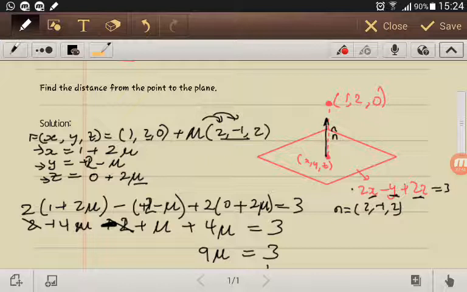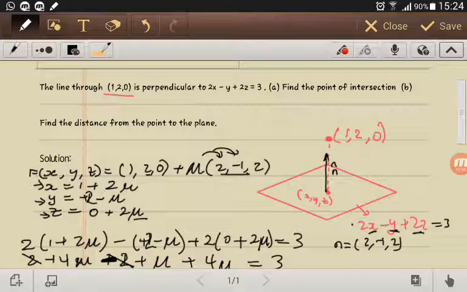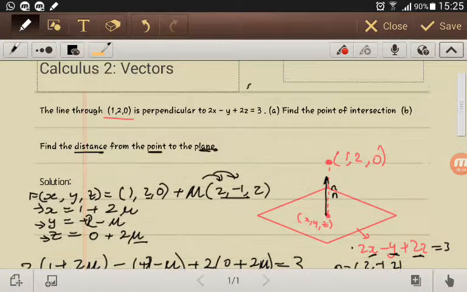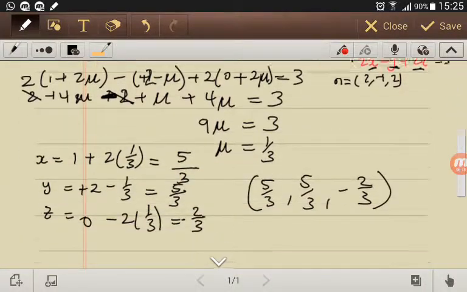That's fine. Now let's go to the second part of the question, which wants the distance from the point to the plane. They just want this distance. This is very easy. We can easily use the distance formula because we have 2 points and we want the distance between them.